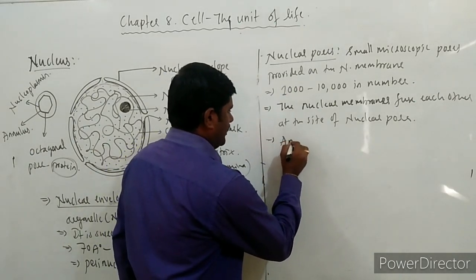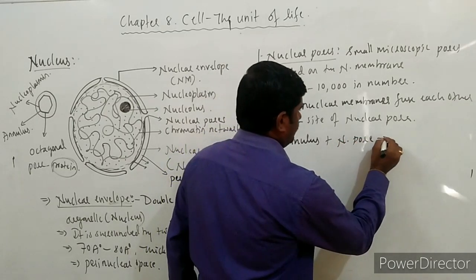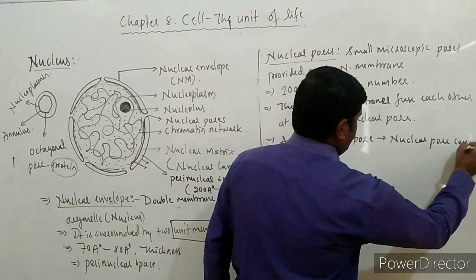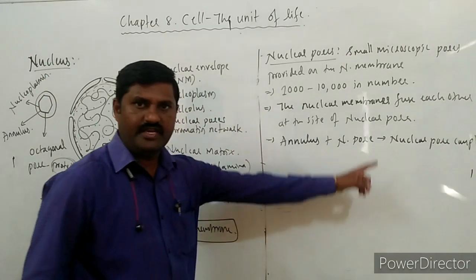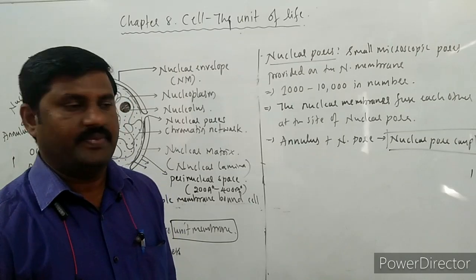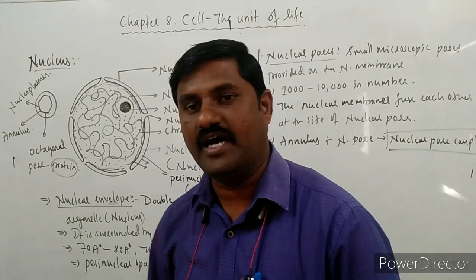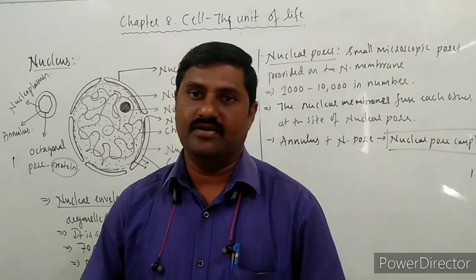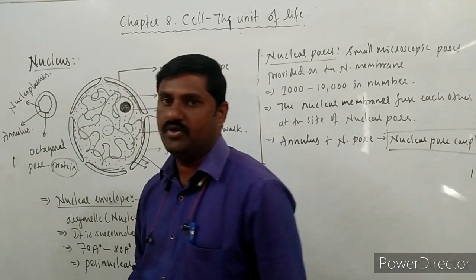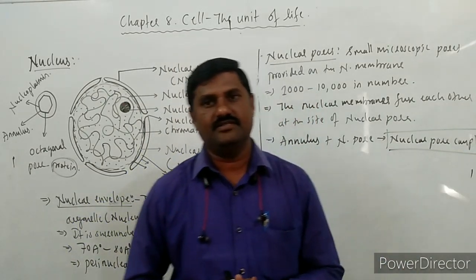See here, annulus plus nuclear pore together form the nuclear pore complex itself. Very important point to be noted here, right? What is annulus? It is the cylindrical shaped structure made up of nucleoplasmin, and that is called annulus. This annulus along with the nuclear pore forms a complex, called the nuclear pore complex.